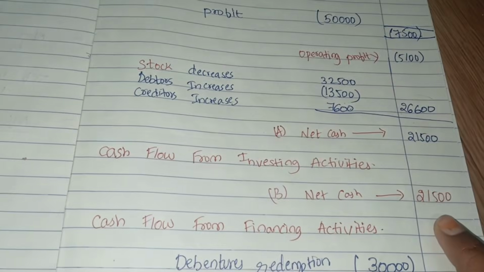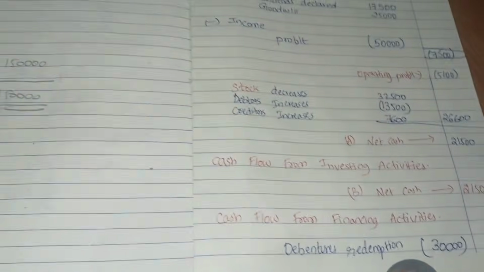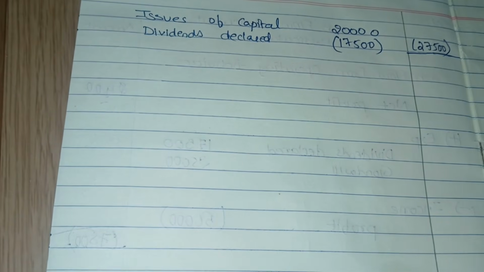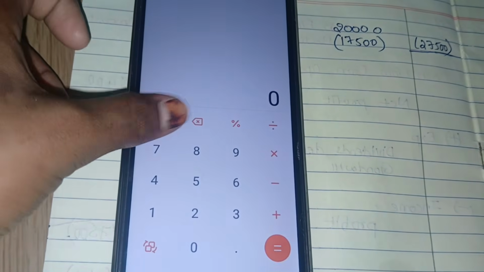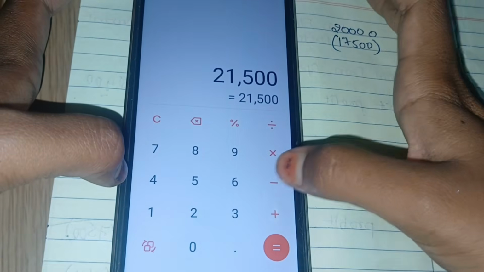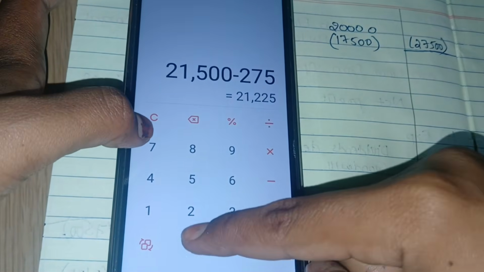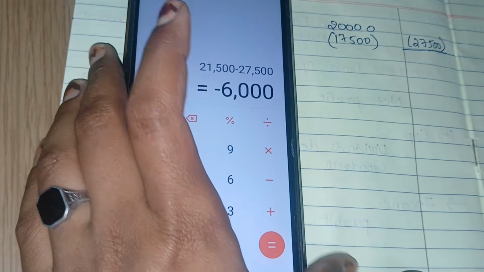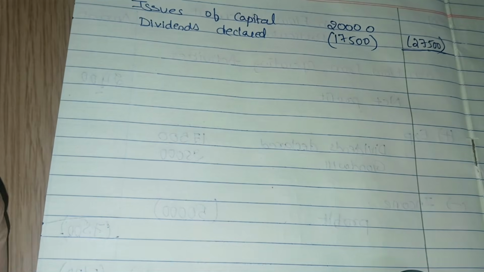So in the previous part what are you getting? 21,500. Yes, here you are having 21,500. From 21,500, if you deduct 27,500, what will be your answer? Minus 6,000.